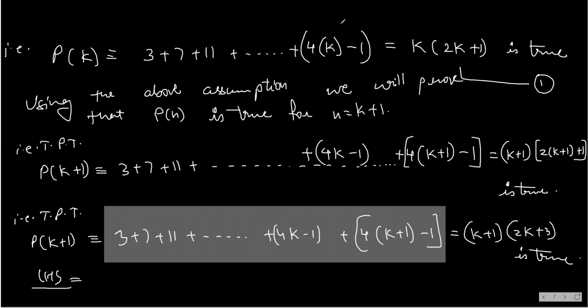Now, you notice that in LHS, right from here to here, what is this equal to? It is equal to k into 2k plus 1. This we have already assumed.